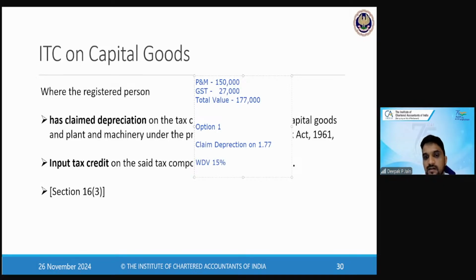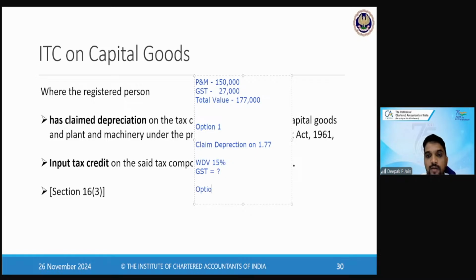That is option one. तो फिर आप GST कुछ क्लेम कर सकते हो क्या? You cannot claim because you have claimed depreciation on the value of the GST as well. You cannot claim the GST because you have claimed the depreciation benefit.